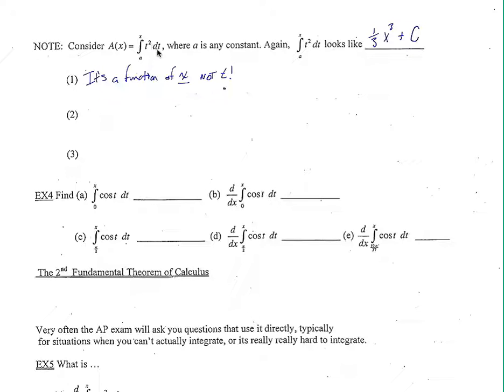We have tucked into the integral a function of t. We're integrating with respect to t, but the upper bound is what our variable is. And when we're all done, we end up with 1/3 x cubed plus some constant, and this is a function of x.